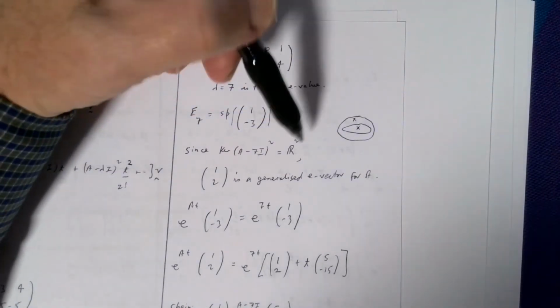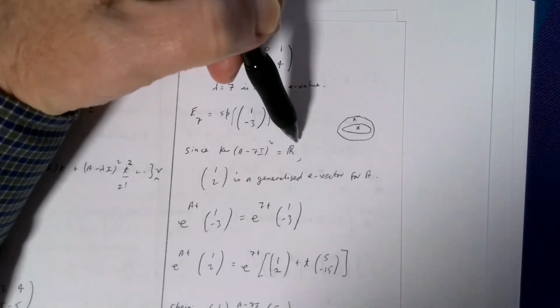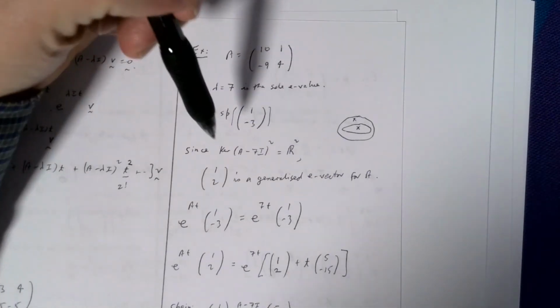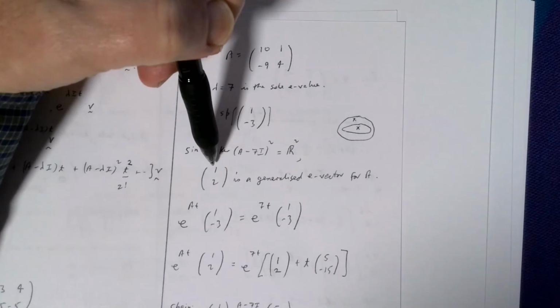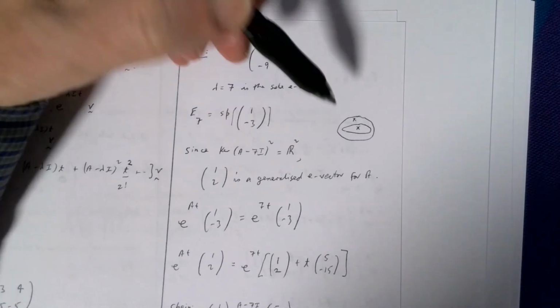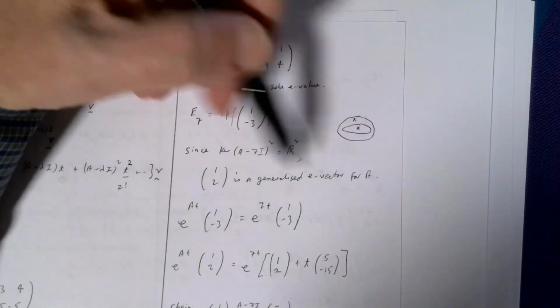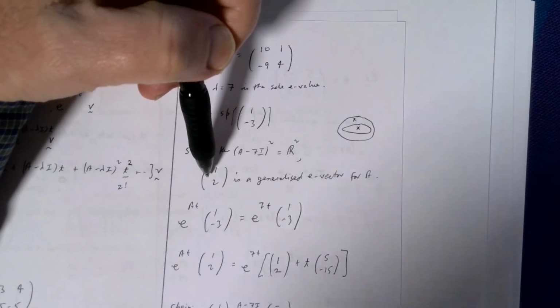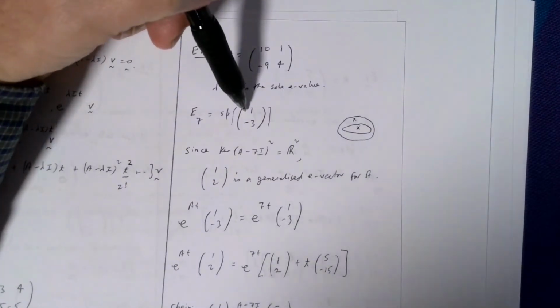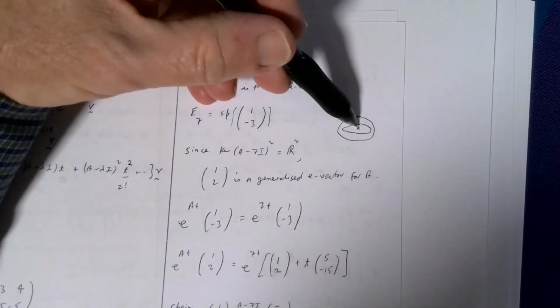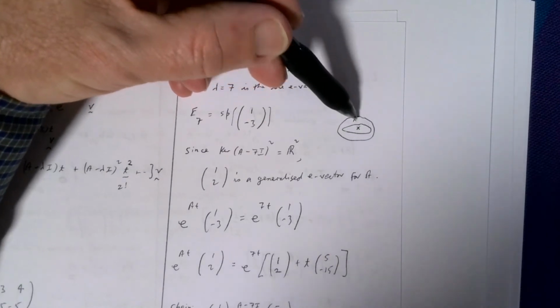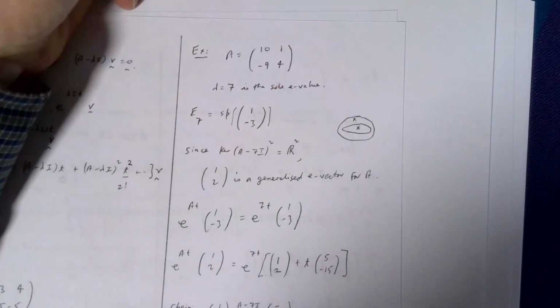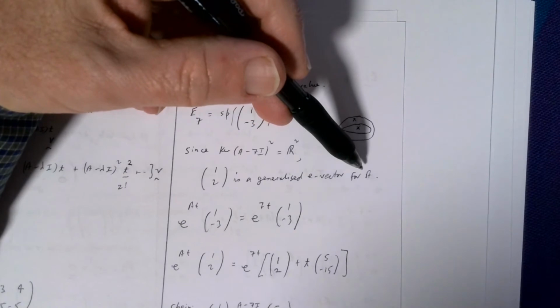Now what that means is that the vector (1, 2) that we're about to play with must be a generalised eigenvector, because every vector in R2 is either a multiple of this one, or in this space. And so this is a generalised eigenvector for A.